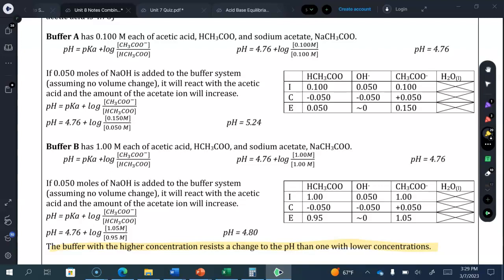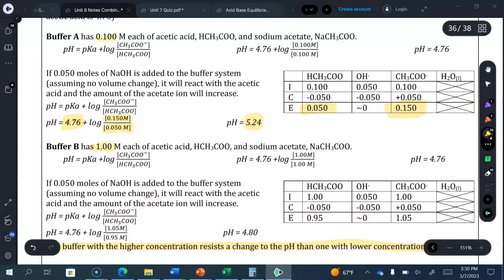And so we see this ratio change. When we plug it in using the pKa of the buffer system, we see that the new pH is 5.24.